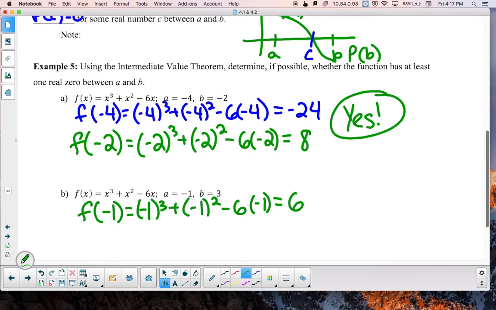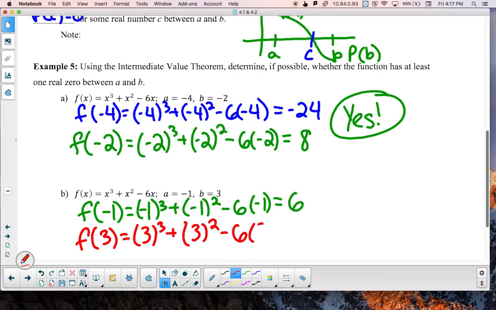And then f of 3 would be 3 cubed plus 3 squared minus 6 times 3, and this would be positive 18.